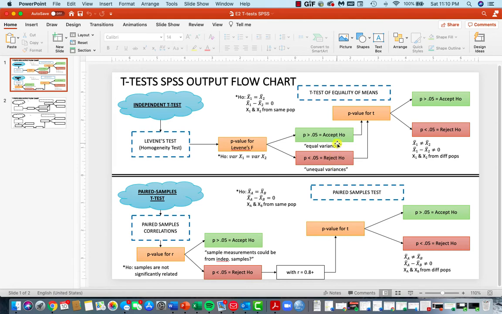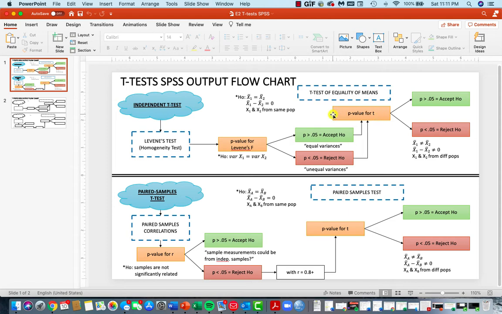Based on the p-value for Levene's test, that will tell you which row to read in your output. You'll have an equal variances assumed row, and an equal variances not assumed row. In whatever row you read, you're looking at the t-test results, which is where you'll find your p-value for the t-statistic.